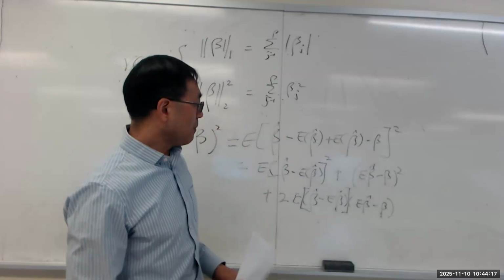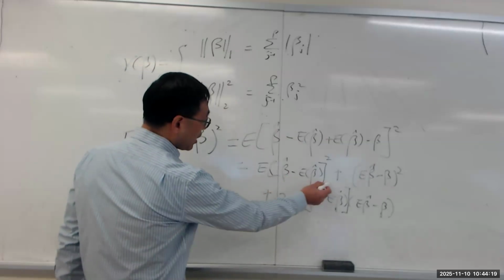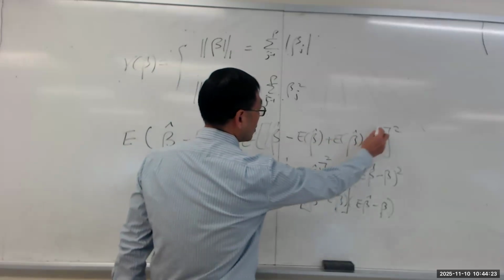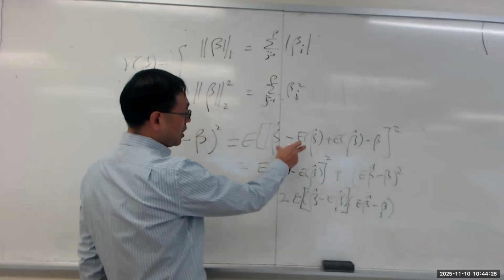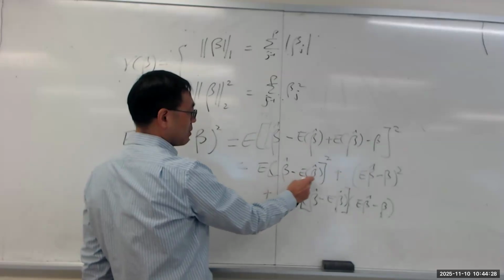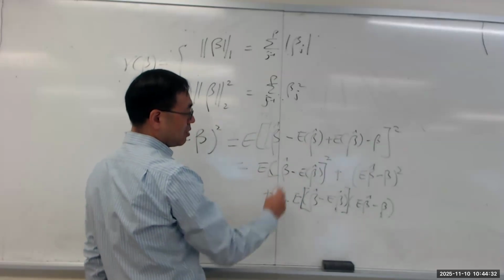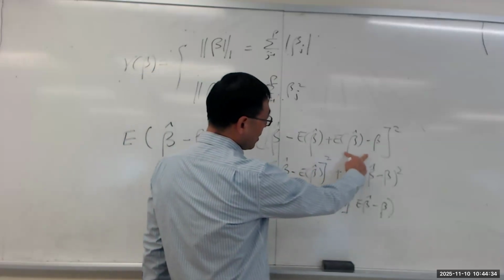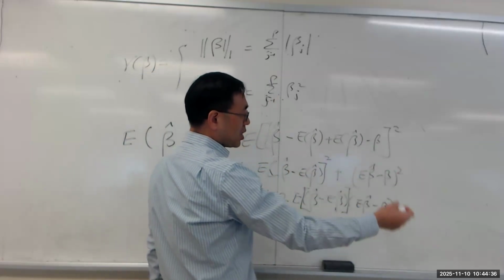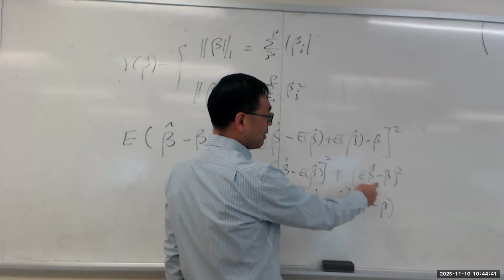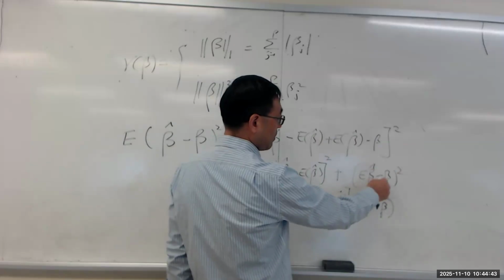So when you expand it, you group the first two terms together and the second two terms together. The square term on the first one is beta hat minus expectation of beta hat squared, and you still need to take the expectation. For the second term, there's really no expectation needed, because the expectation of a constant is itself. Instead, it's the expectation of beta hat minus beta.